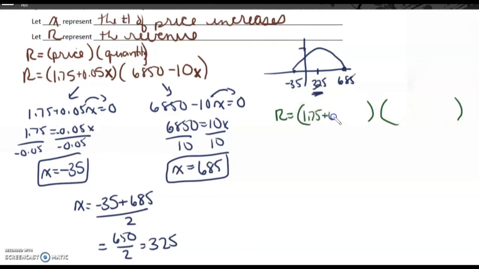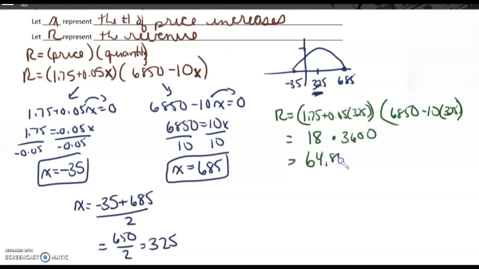So if we had 1.75 and we increase the price 325 times, our actual price would be $18. As for the quantity, if we had 68,50 and we decreased it by 10, 325 times, that would be 3,600 people riding the bus, which would make $64,800 in revenue.